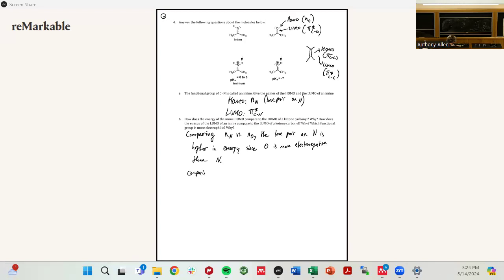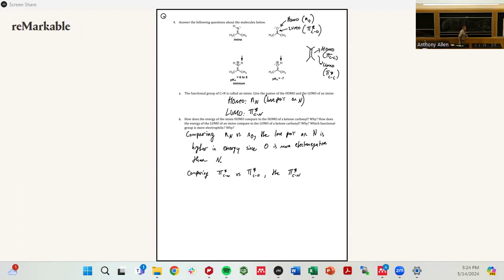Okay, comparing pi star CN versus pi star CO. This goes way back to the beginning of the class, but essentially, as atoms become more electronegative, or as they gain more protons in their nucleus, all of the energy levels decrease, right?